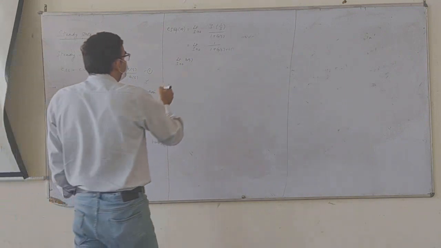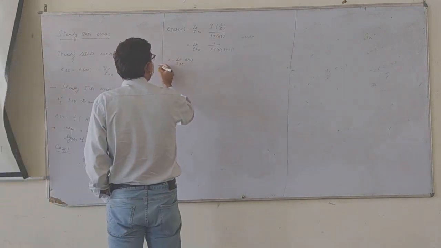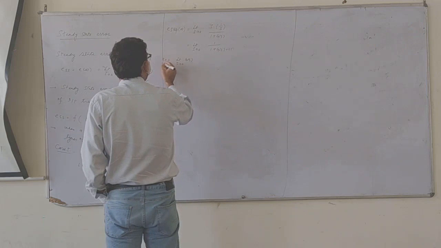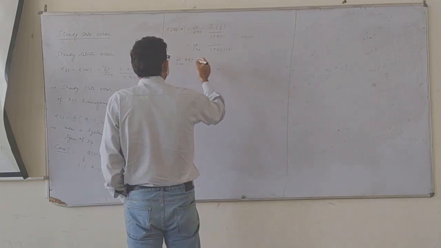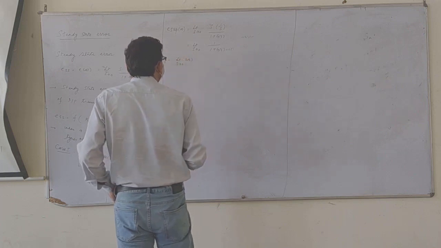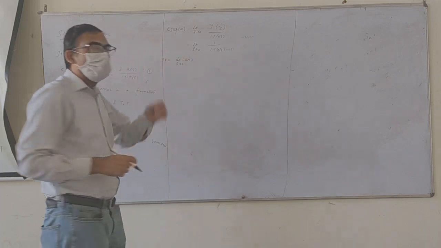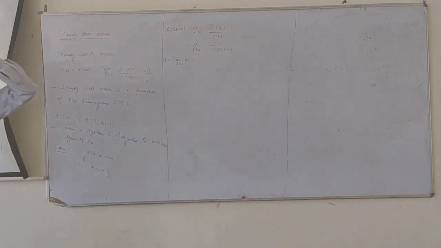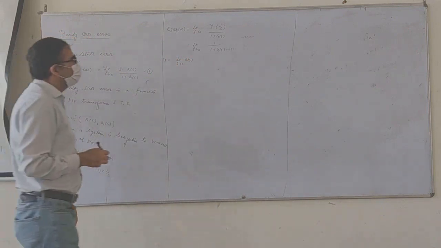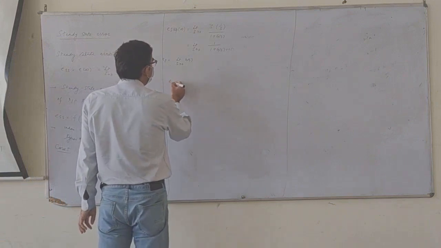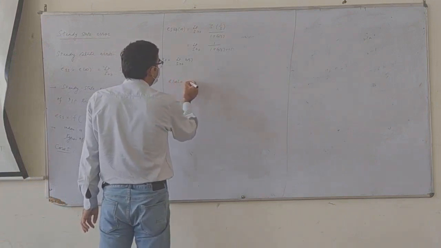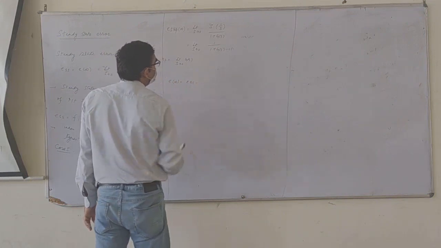So this term we will call Kp. That term is called the position error coefficient. And then the steady state error, E of infinity, in this case will be the position error.